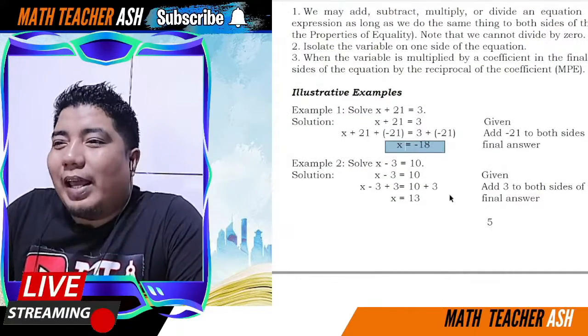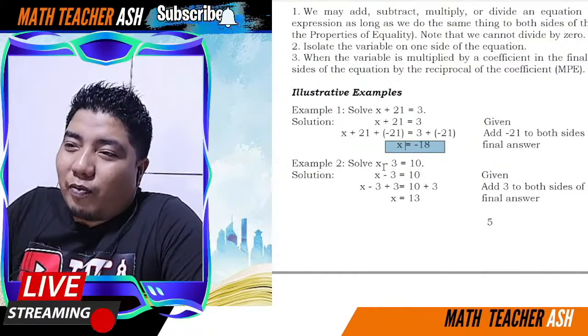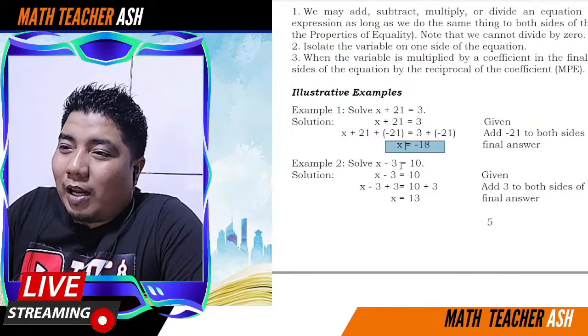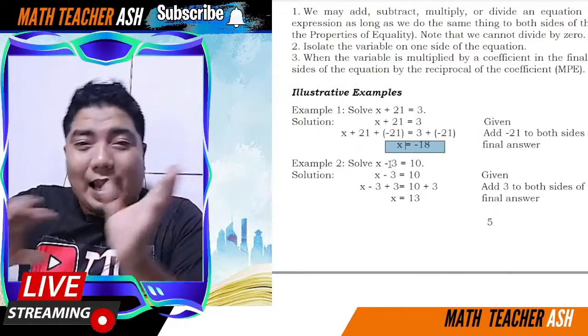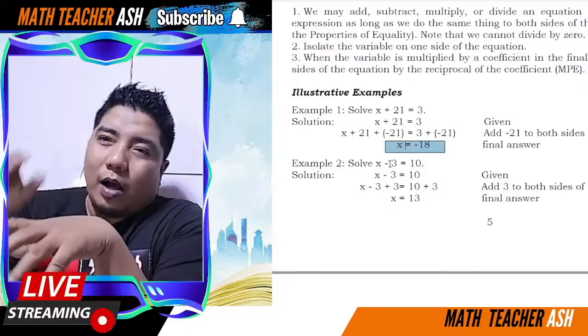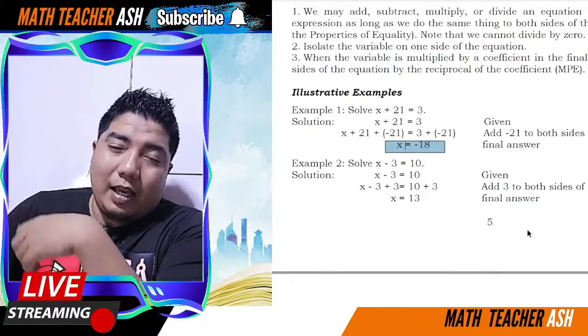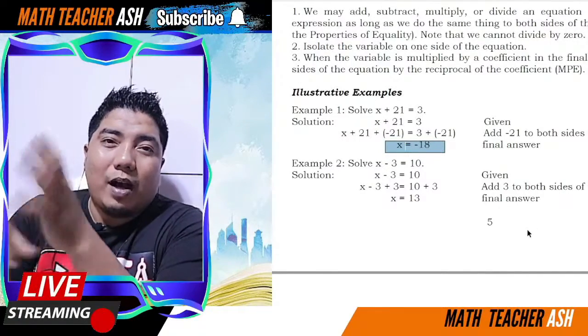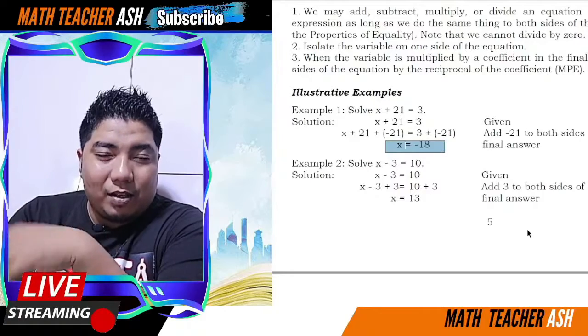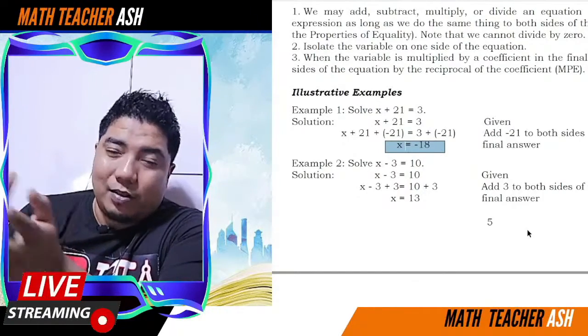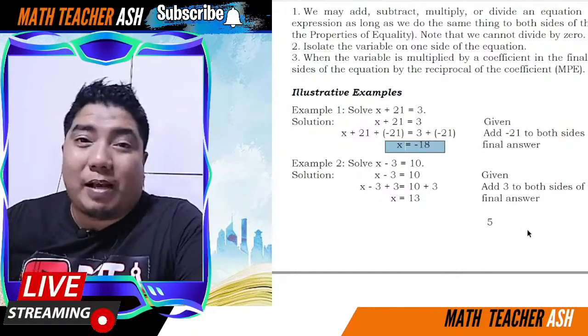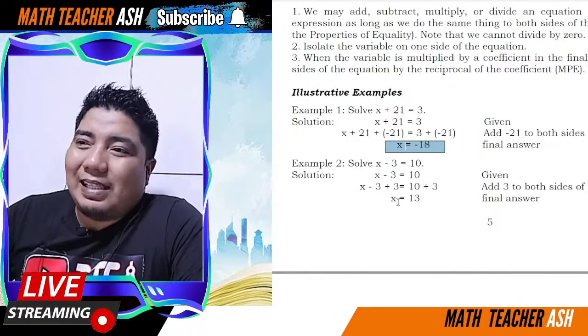How about this one? X minus 3 is equal to 10. So, of course, si X kailangan maiwan dito. So, negative 3 kailangan natin or si minus 3 kailangan mawala. Alright? So, since this is minus 3, negative 3, ano ang kailangan i-add kay negative 3 or kay minus 3 para mawala? Okay, so the opposite of negative 3 is positive 3. So, we add positive 3.